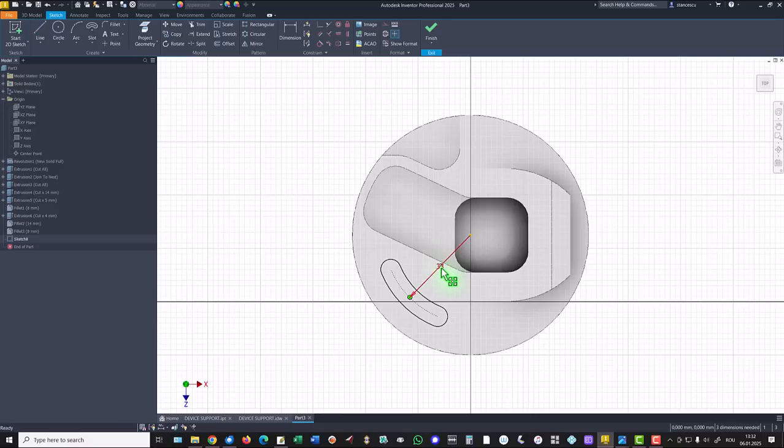I move this to see that this is construction.